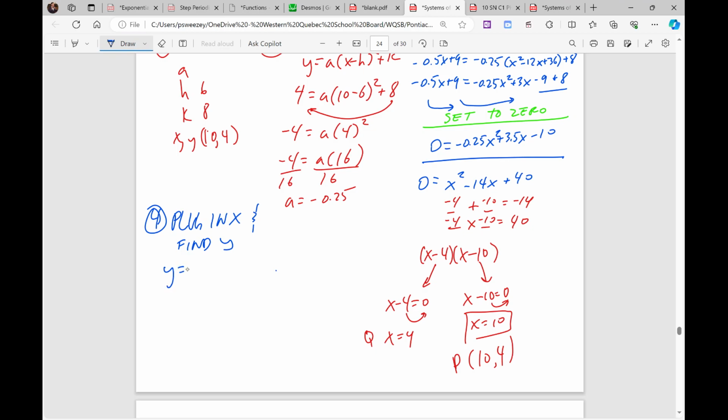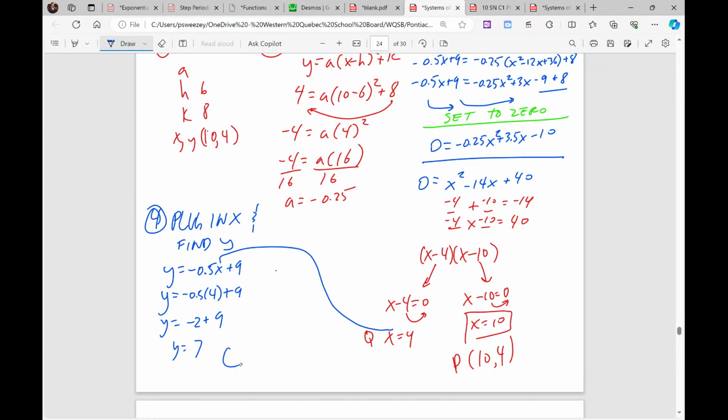So y is equal to negative 0.5x plus 9. We're going to then take that x value that we just found here, plug that in, negative 0.5 times 4 plus 9. So I'm going to end up with negative 2 plus 9, y is equal to 7.